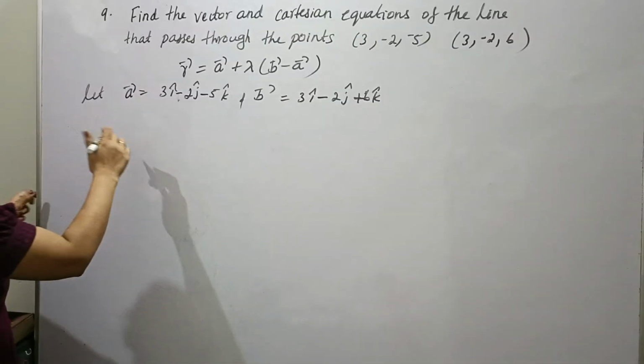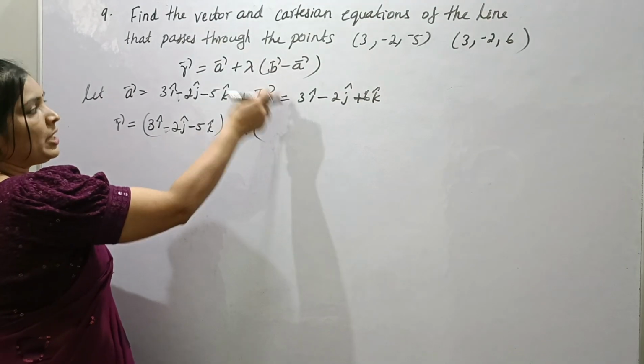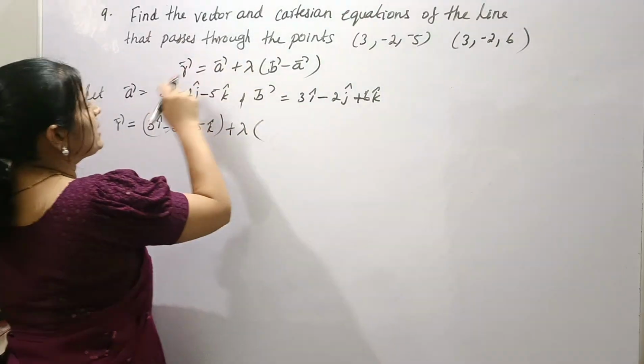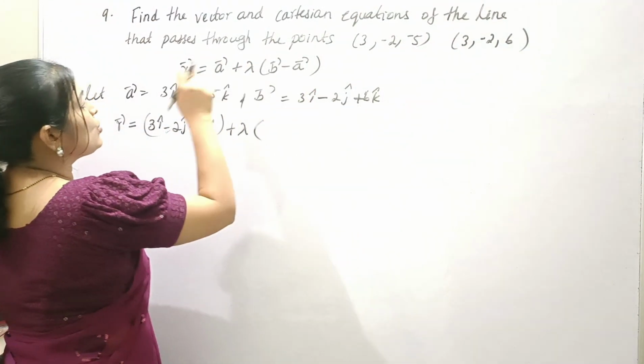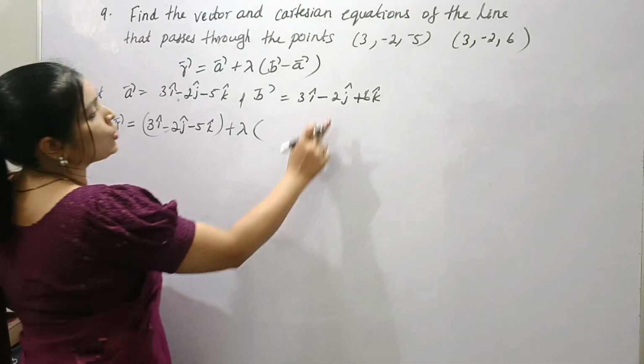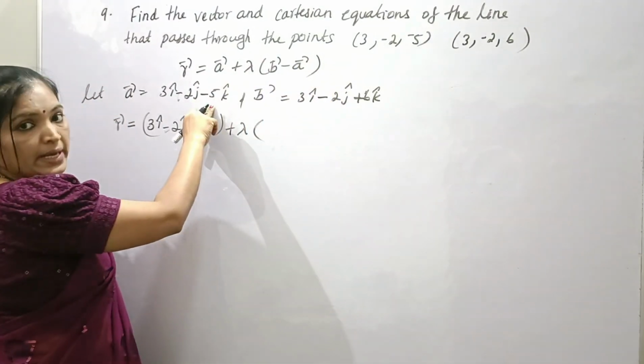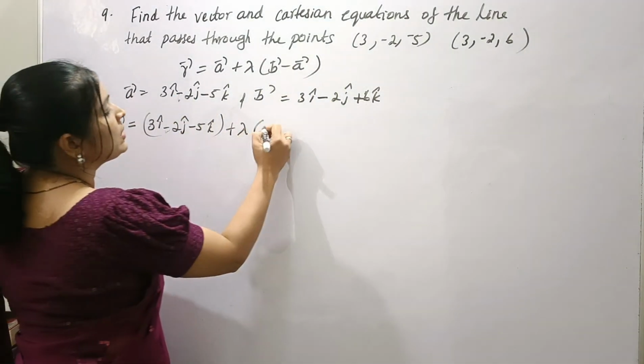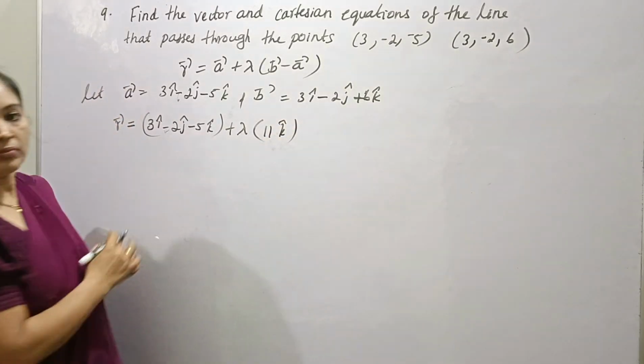Then substitute: vector r is equal to vector a, that is 3i - 2j - 5k, plus lambda into (vector b minus vector a). So 3 minus 3 is 0, -2 minus (-2) is also 0, and 6 minus (-5) is 6 plus 5, that is 11k.